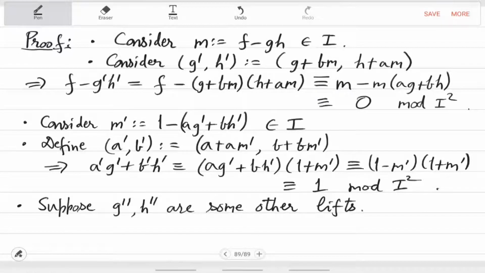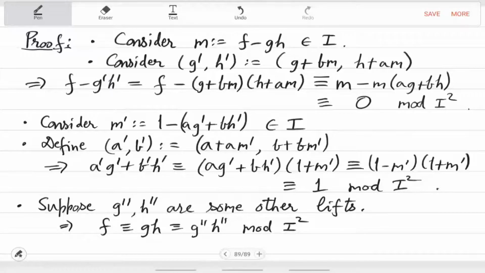Suppose there are some other lifts of g and h respectively. Then what do you have? f is gh and also g double prime h double prime mod I square. Sorry, mod I.